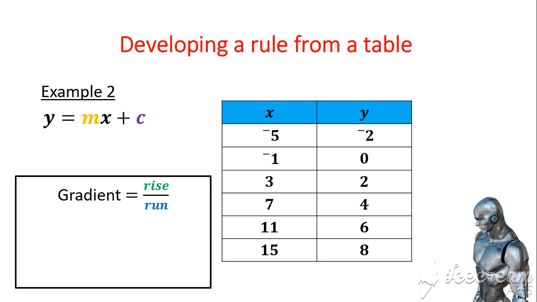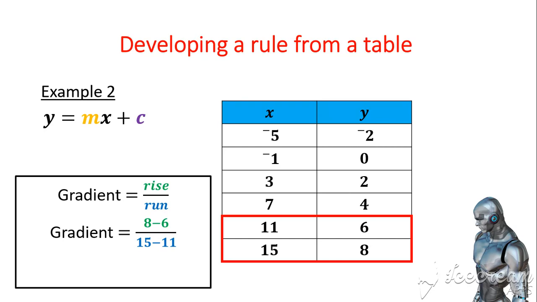Let's start off by doing the gradient, rise over run. And we're going to use the same trick we used before. To work out the rise and the run, we're going to pick two coordinates. I'm picking the coordinates 11, 6 and 15, 8. Again, you could have picked two other points if you wanted. To work out the rise, we take the second y value, 8, and subtract the first y value, 8 minus 6.